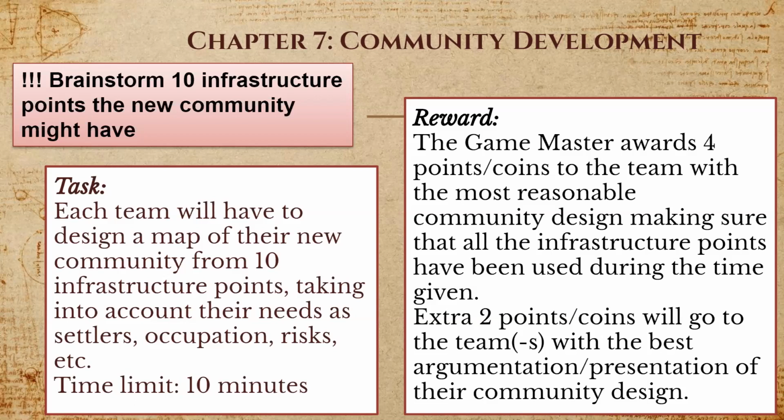Extra 2 points or coins will go to the team or teams with the best argumentation and presentation of their community design. Again, after this activity, you have to make a follow-up, and ask the students to describe feelings, emotions, behavior, and connect to their conflict resolution skills. So in this situation, this is again rapport building, creative, strategic, and creative thinking as well.